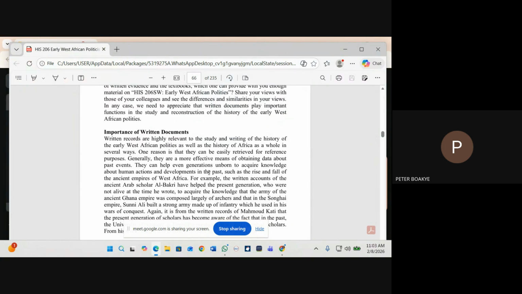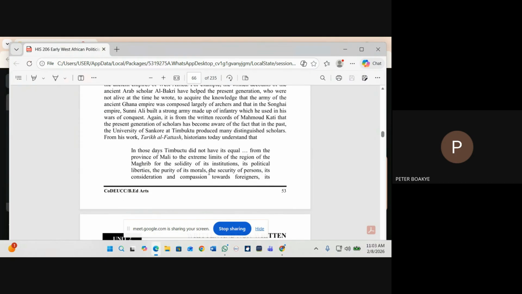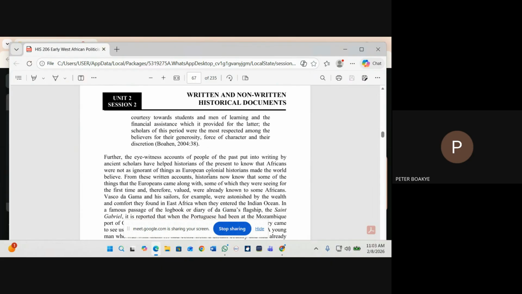So, the advantages or relevance of written documents. They are generally a more effective means of obtaining data about past events because they are there, you can lay hands on them, go through and know what happened. In those days, Timbuktu did not even have its equal. So we have accounts from this, especially from Leo Africanus and others, and they give us an idea about the things that took place.